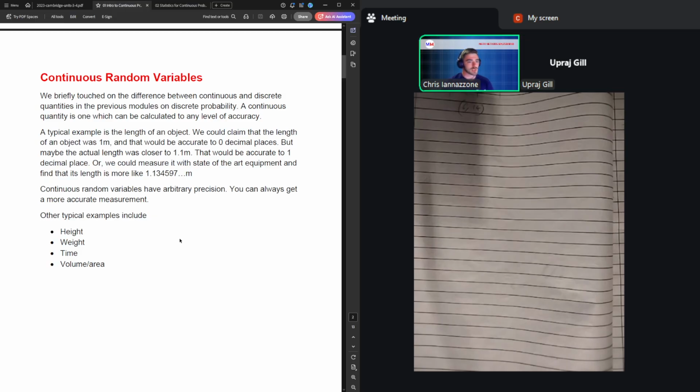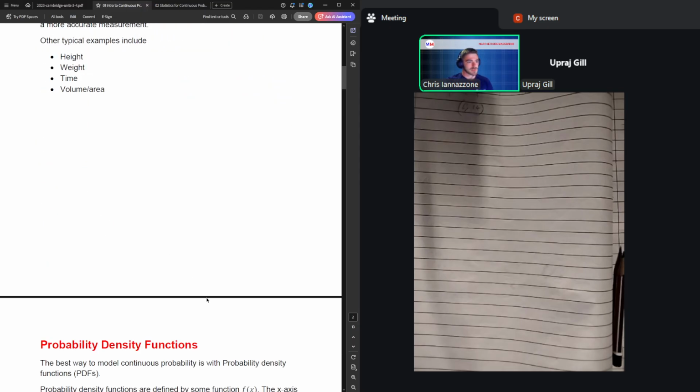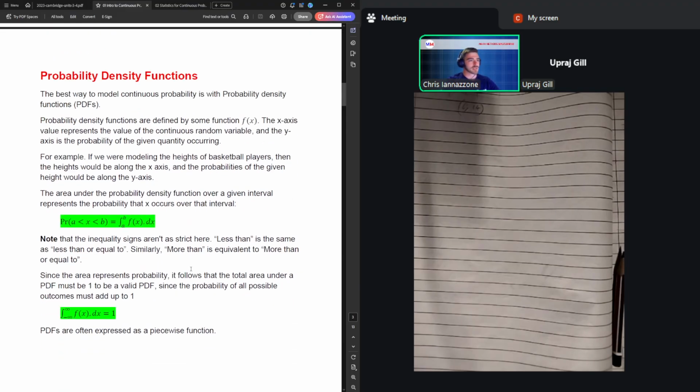For continuous, if you're measuring something like a length, or pretty much anything that you measure, usually it can be measured to some arbitrary level of precision, however many decimal places you are able to go, purely dependent on what you're measuring with, right? So pretty much just things that can be measured are usually considered continuous. The very typical examples will be lengths, weights, times, volume, area. Any of the things that have a unit attached to them are very typically going to be a continuous quantity.